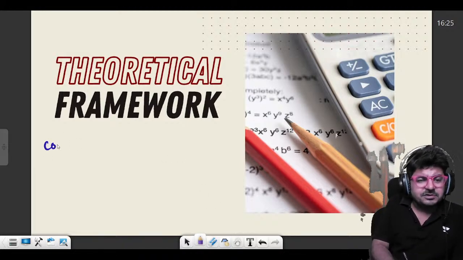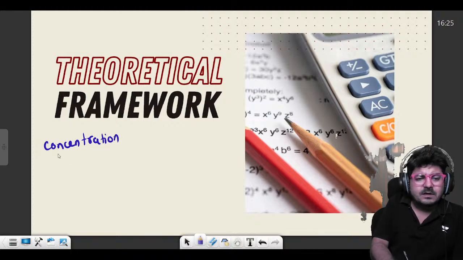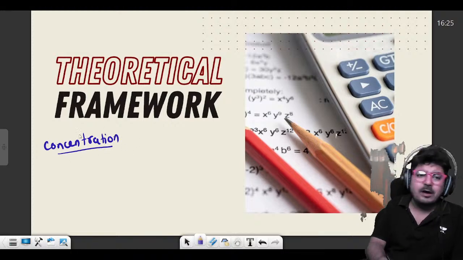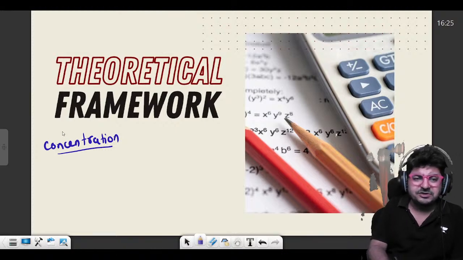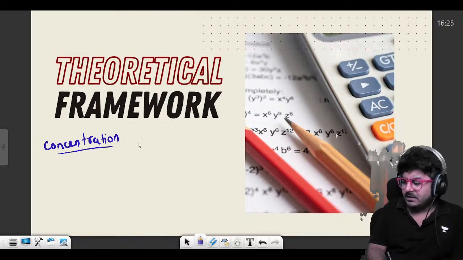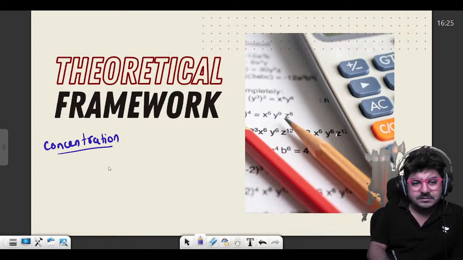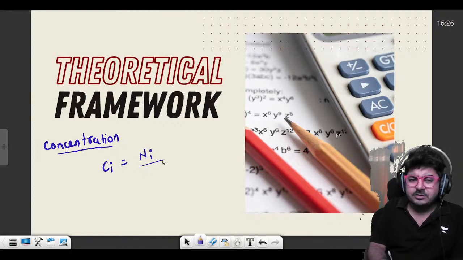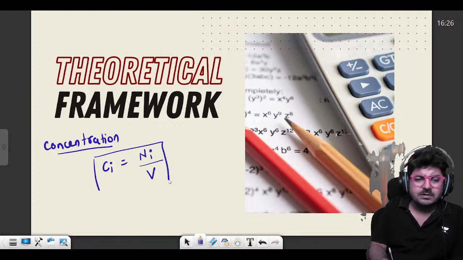That is the concentration. Concentration represents the amount of any substance in the mixture. So here molar concentration for any species i can be written as moles of component i in the mixture to the volume of reaction mixture. Correct?